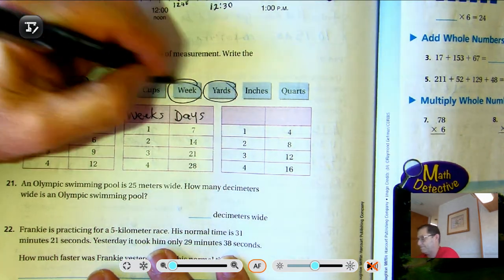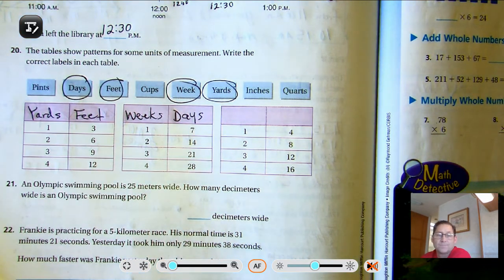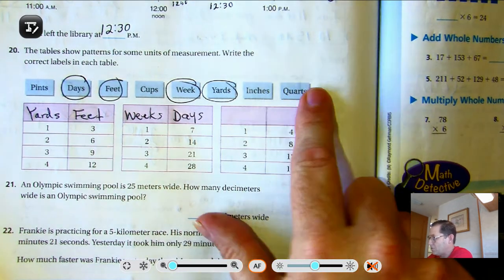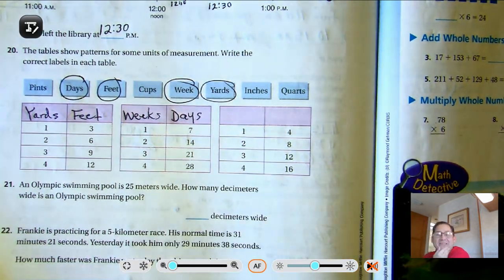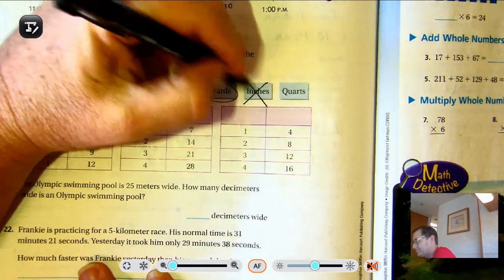All right, what has a relationship of 1 to 4? Well, I'd say gallons and quarts, and I see quarts, but I don't see gallons. So it's not gallons and quarts. It's definitely not inches. So let's get rid of that.